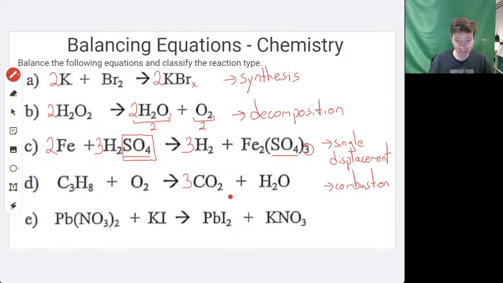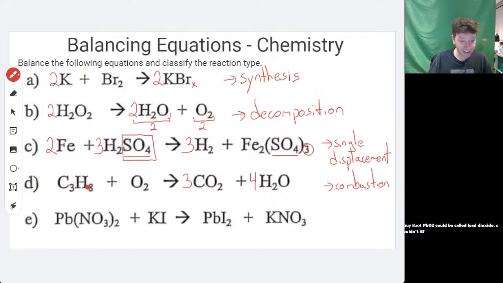Now I have the same issue as before, right? I only have 1 oxygen by itself, but over here I have a 2. So I'm going to force this one to be even for now. I can do that by first balancing hydrogens. Here I have 8 and only 2 here. If I have 8 here and 2 here, I'm going to need a 4.